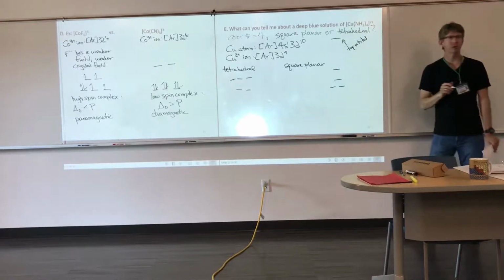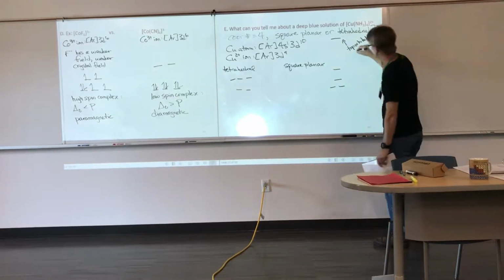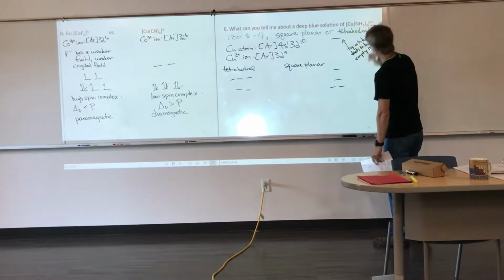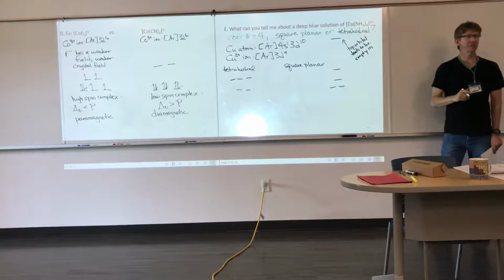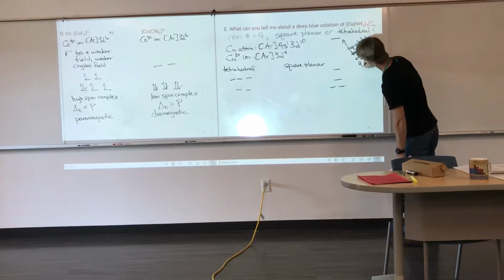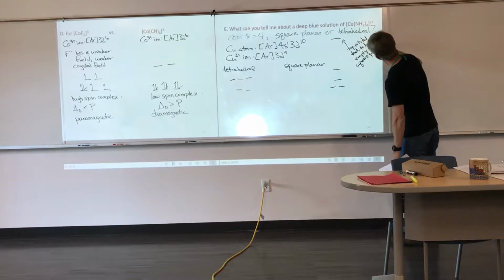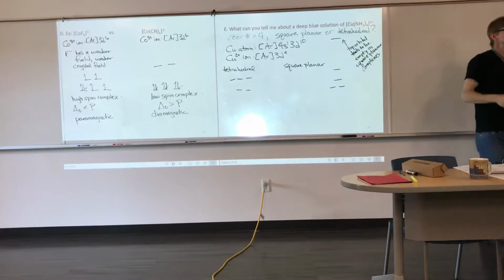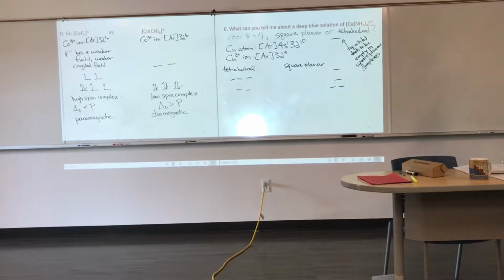So the top orbital tends to be empty in square planar complexes, because it's relatively high energy.